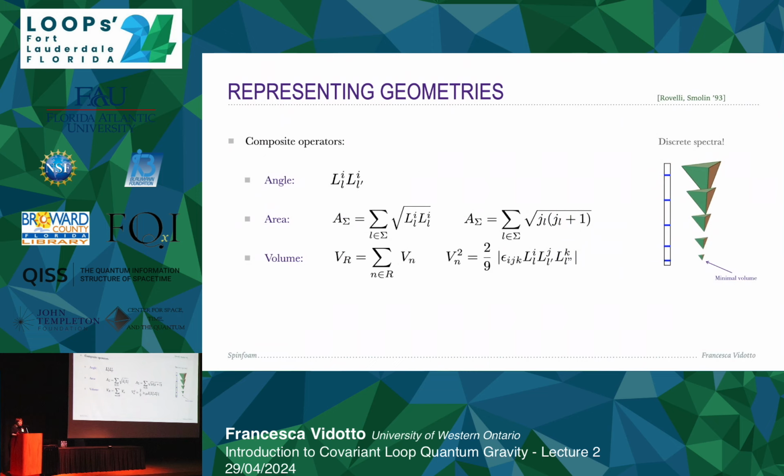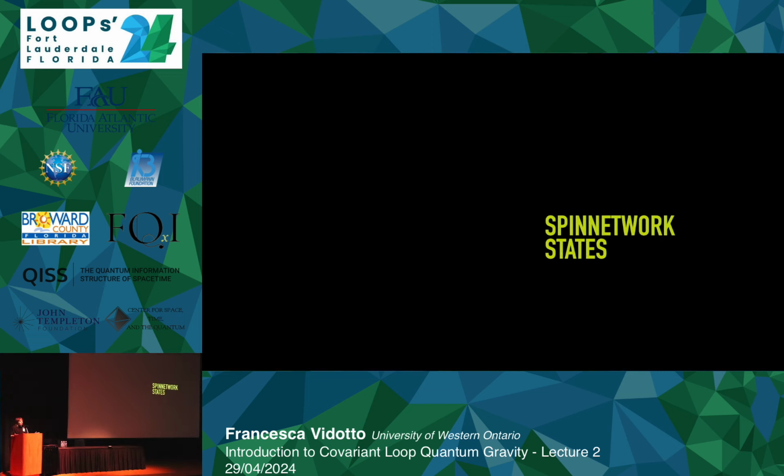And I want to define in this Hilbert space a particular decomposition so that my states will be written in a basis that diagonalizes the interesting physical quantities, namely the area and the volume. And this is what the spin network states do for you. The spin network states that we'll define in a second are an overcomplete basis in the Hilbert space of the theory.